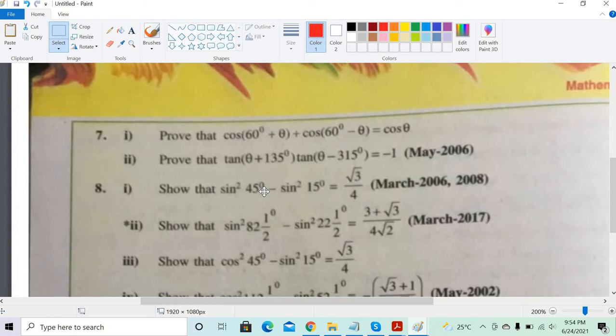Yeah, tan theta minus 1 by 1 minus tan theta. To get minus 1, you change, take minus common, no? So tan theta minus 1 by minus, you take common, then it will come tan theta minus 1. So minus 1 it came.